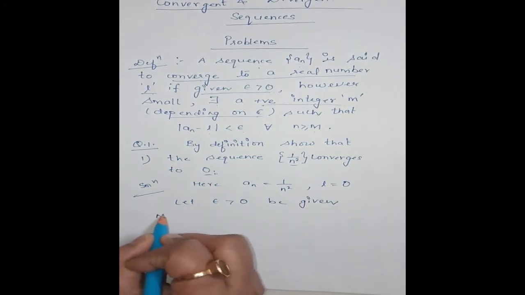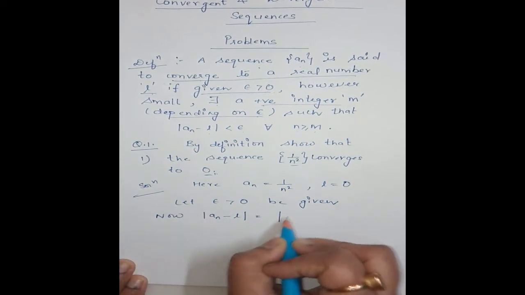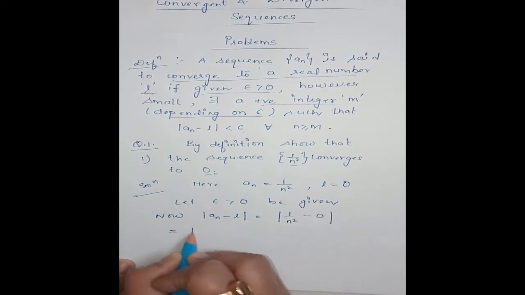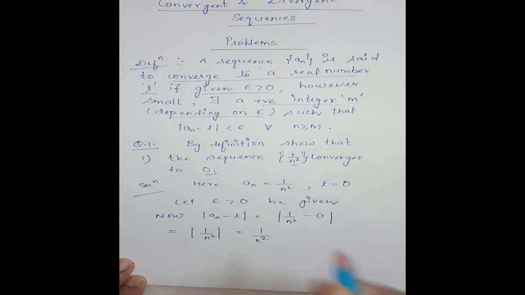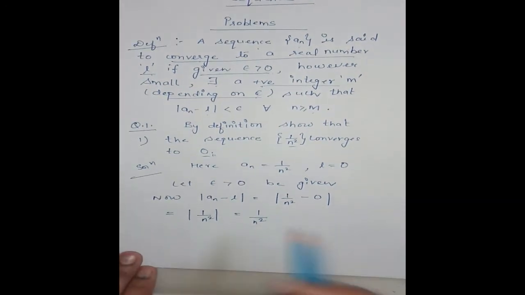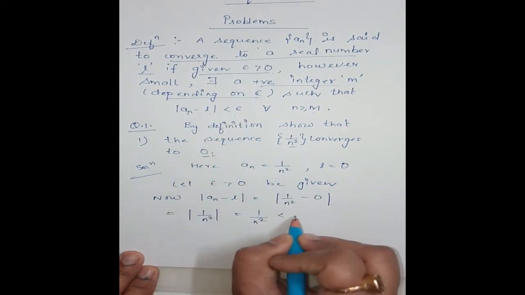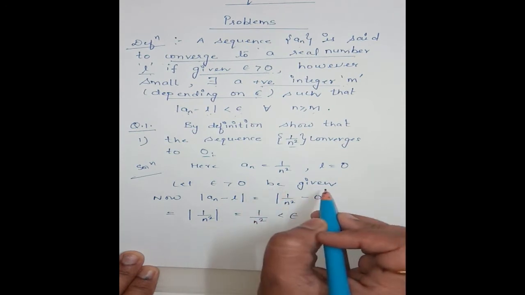Now |a_n - L|, which is |1/n^2 - 0|, is equal to |1/n^2|, which is 1/n^2 only. Now |a_n - L| < epsilon, that is 1/n^2 < epsilon, where epsilon positive is given.